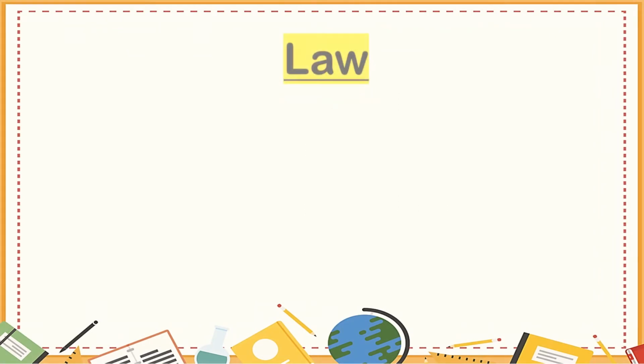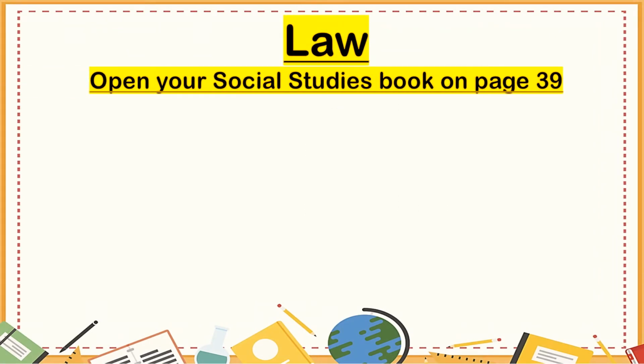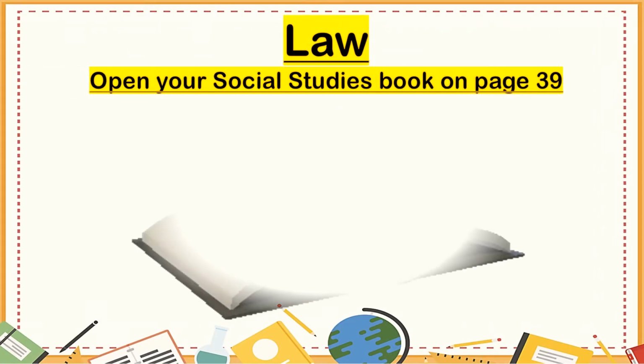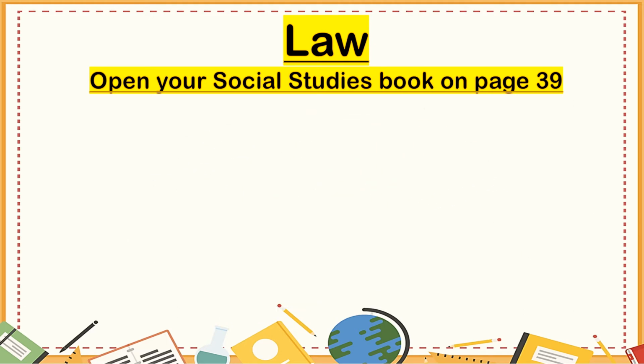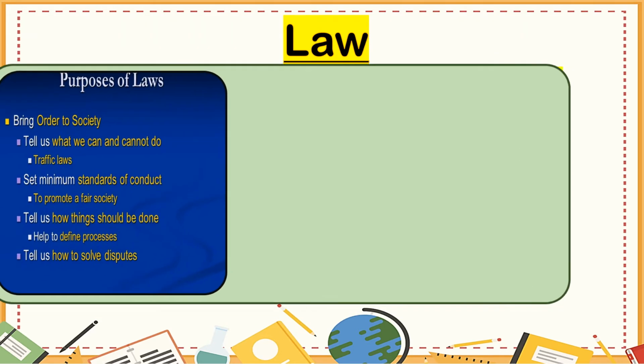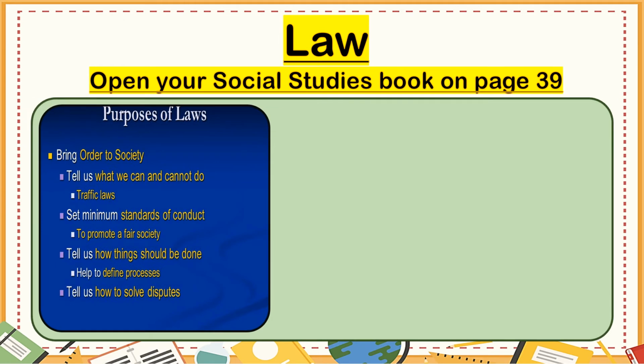Now, class, it's time for us to read law, so please open your social studies books on page 39. Okay, class, so before we read what's on your book, let us read the purposes of law. Please follow after me. Bring order to society.